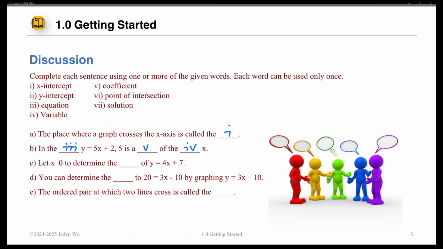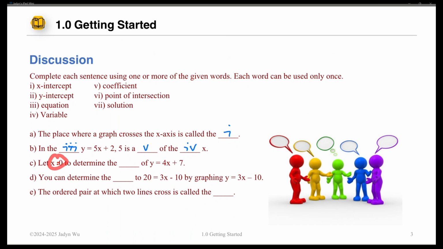And 5, as it is multiplied by the variable x, so here we have the variable x, it will be the coefficient. For question C, let x equal to 0 to determine the blank of y equal to 4x plus 7. So for this one, we know some x values, and we want to solve for y.